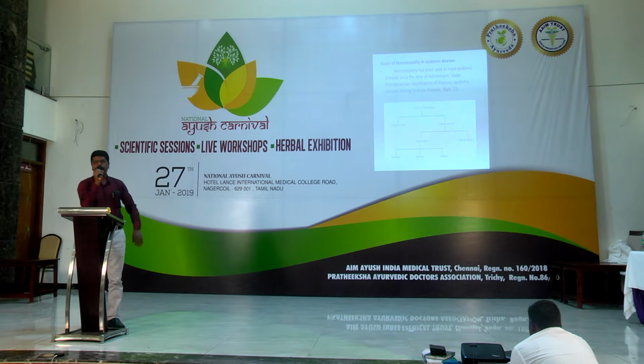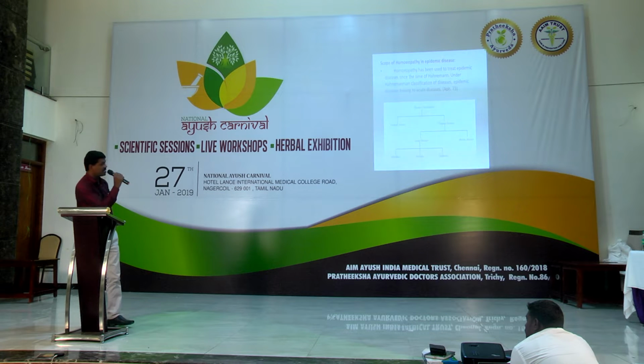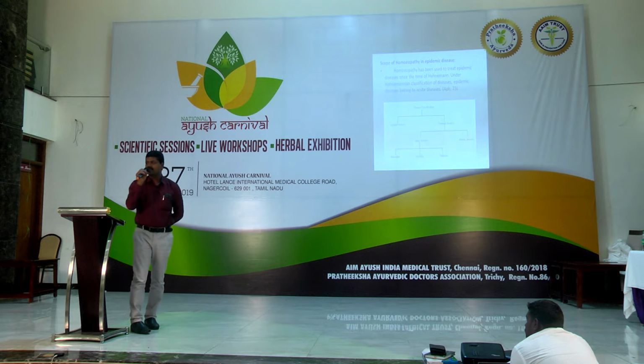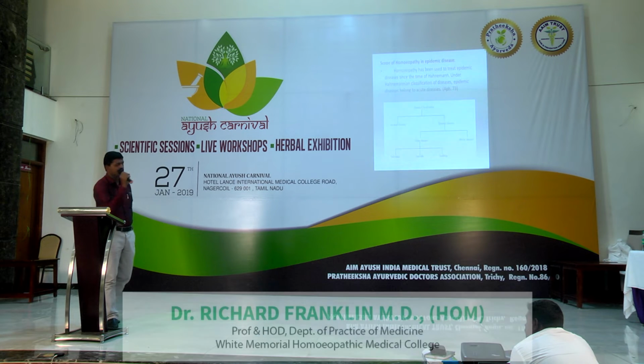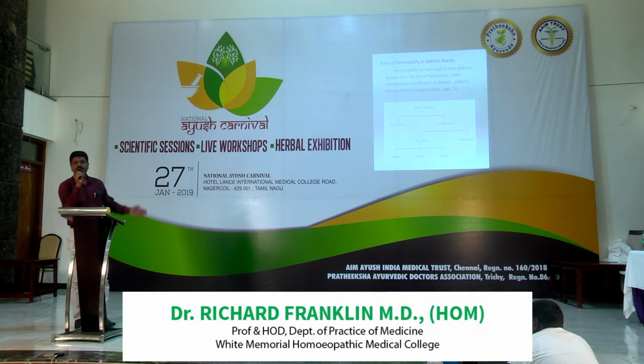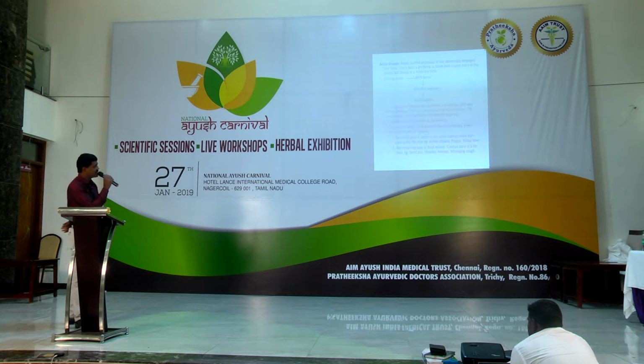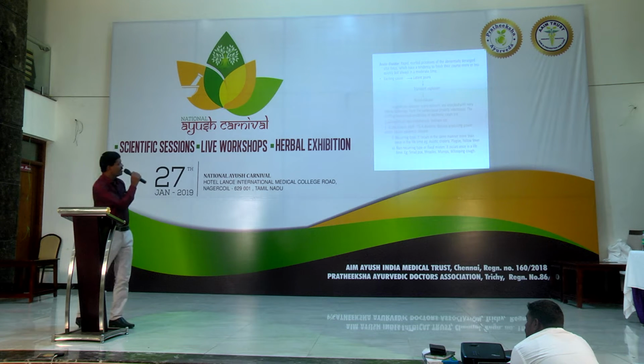We know it has rapid, sudden onset, rapid progression, and recovery or death within a few days or weeks. So that is acute disease, and epidemic disease comes under acute diseases. Next slide.